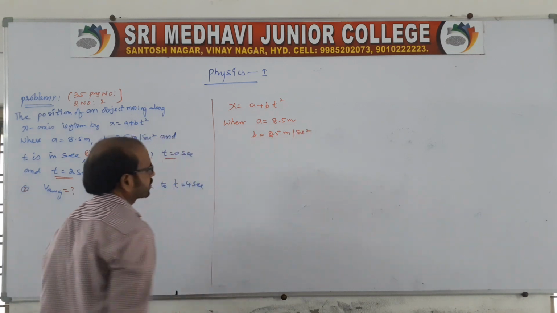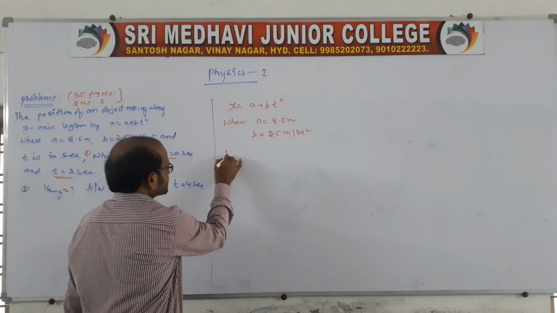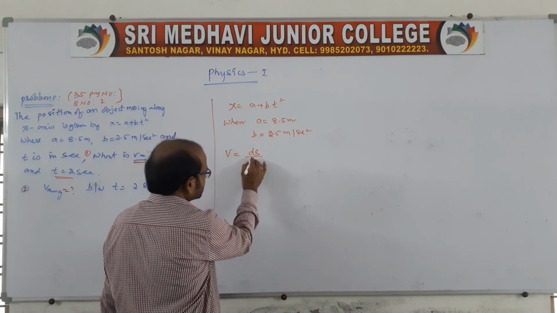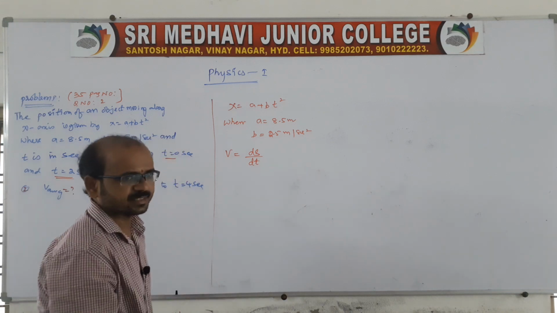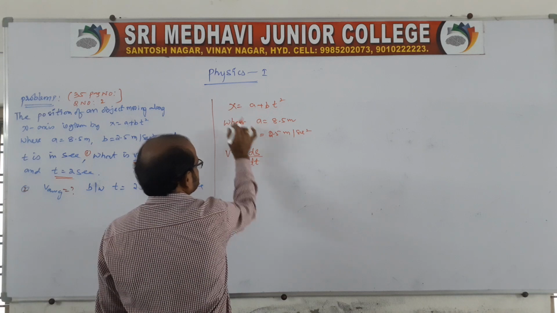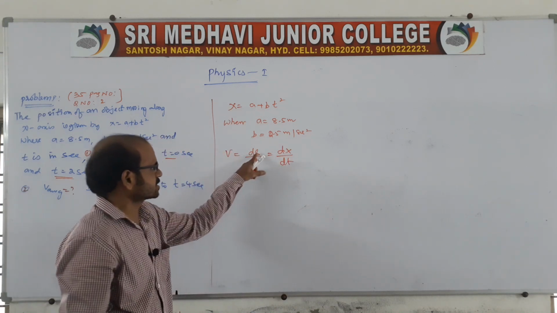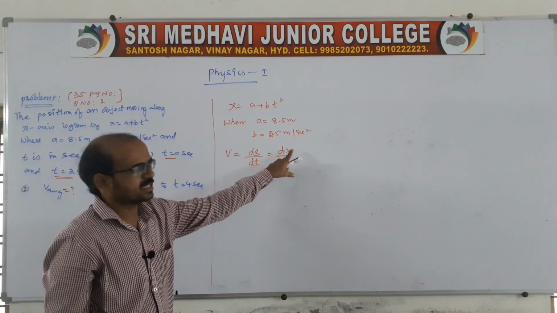Then first we should get the velocity. We know velocity is nothing but ds by dt, the rate of change of displacement. Here, instead of s, x is given, so you write dx by dt.